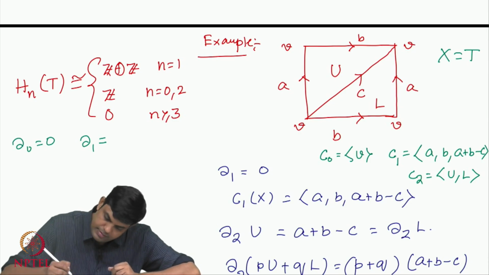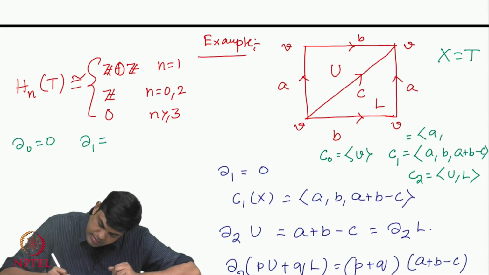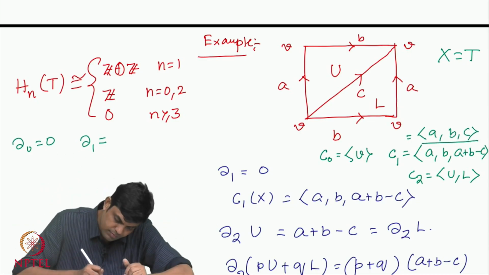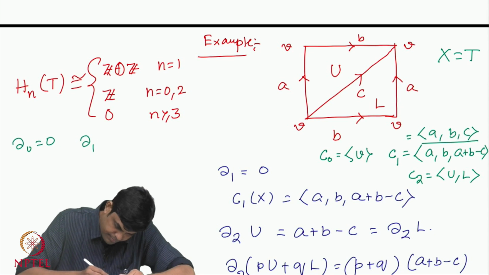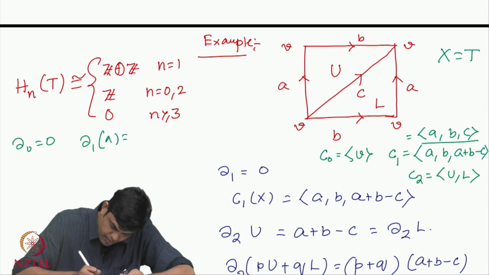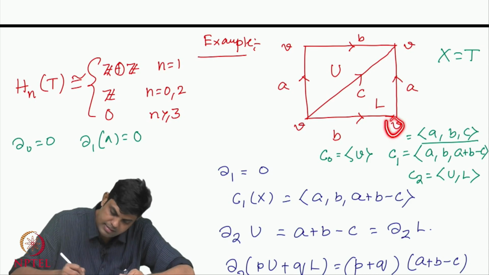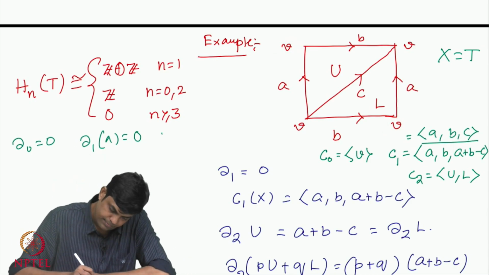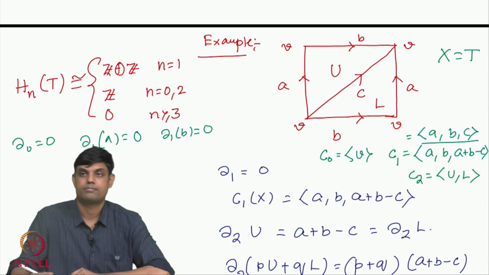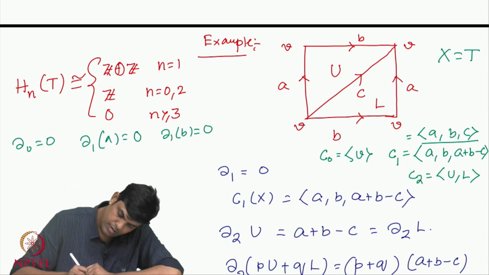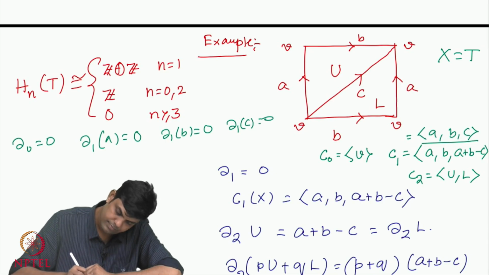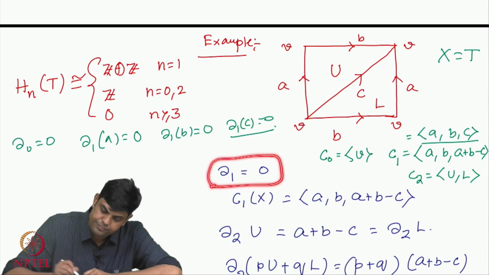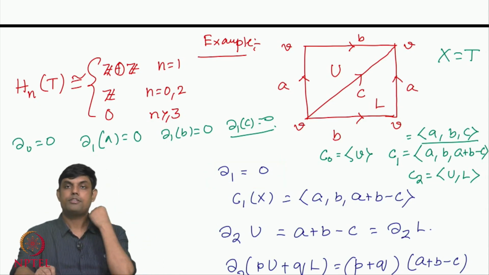So if this is difficult, you can think of C1 as generated by A, B, C also. So delta 1 at A is 0 because you have only one vertex, anything minus anything is 0. Okay. Delta 1 at B is also 0. Again the same logic, the endpoints are same. Delta 1 of C is also 0. That means delta 1 is 0.